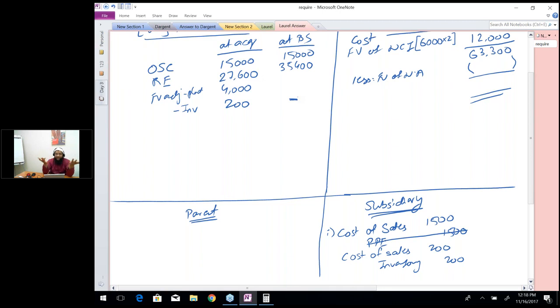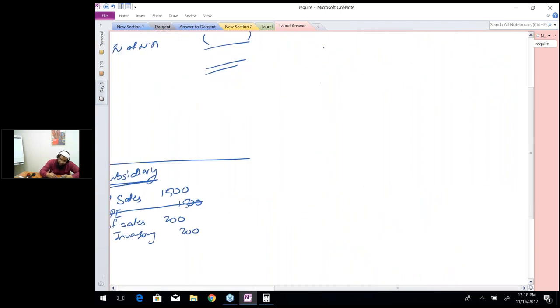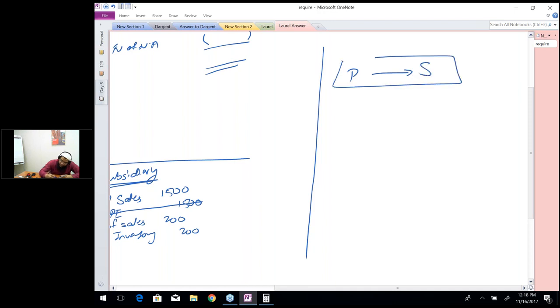Now why are we deducting 200? Let me tell you this in more detail. For example, parent, subsidiary and the group. Subsidiary has an inventory with the carrying amount of 800 and the fair value is 1,000.